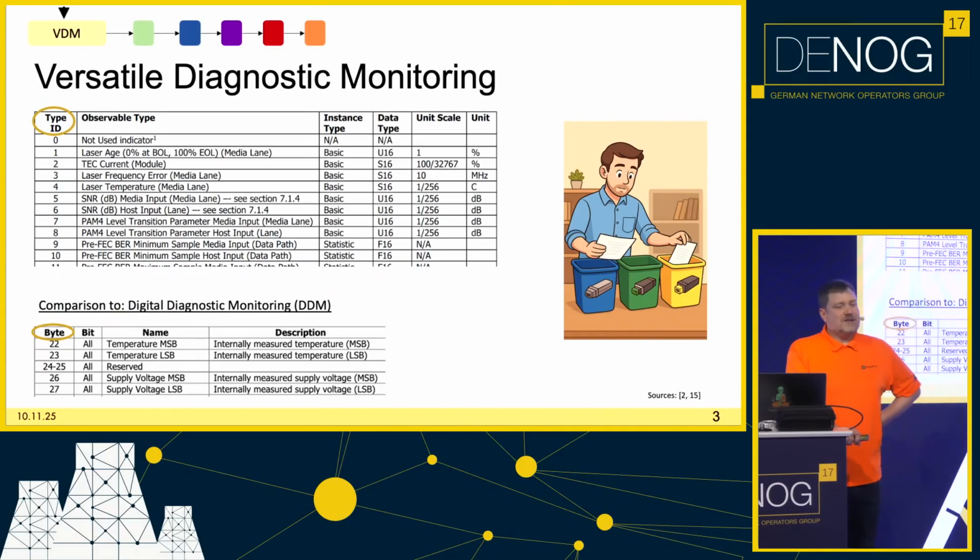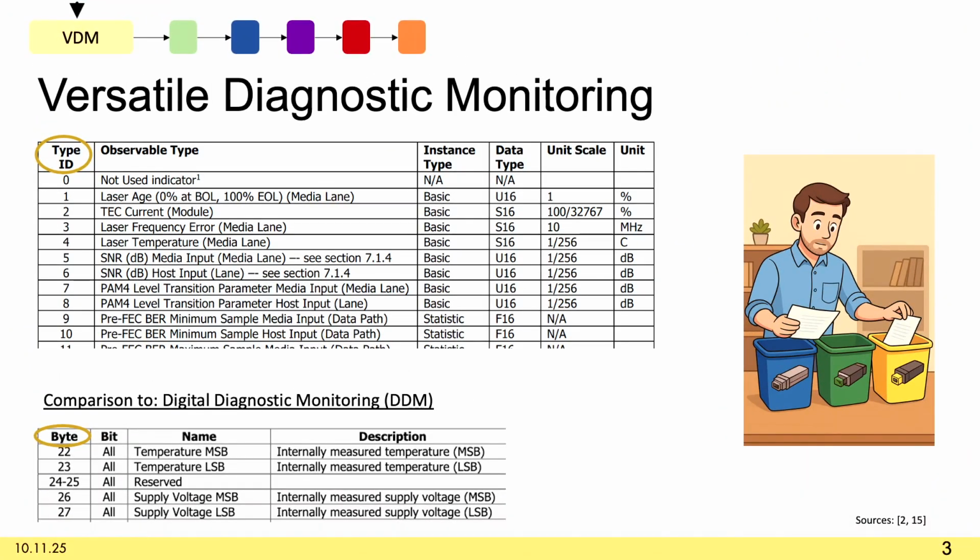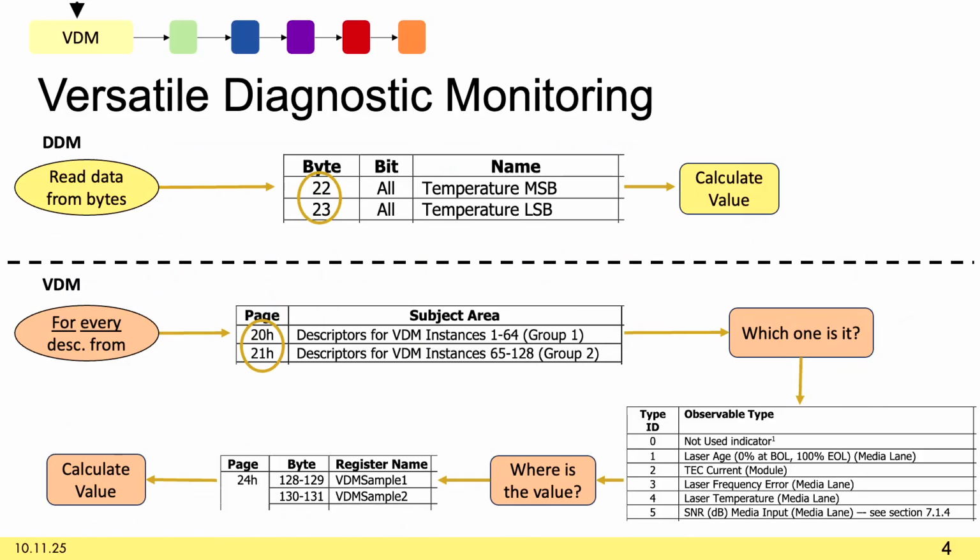Now, with the Versatile Diagnostic Monitoring, it's quite interesting. You don't have a byte where you can look into it. We have a type ID. How do we deal with that? Well, that's a question here. DDM, as I explained, usually you have 2 bytes, a 16-bit value, you calculate the value, you're good, and that's it.